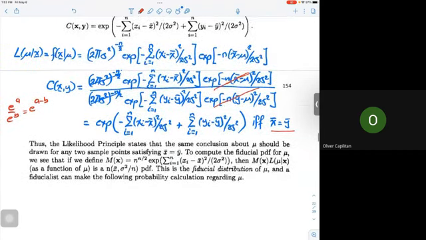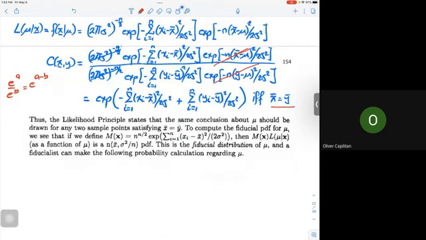So that is the verification. Thus, the likelihood principle states that the same conclusion about our unknown parameter mu should be drawn for any two sample points satisfying x bar equal to y bar.